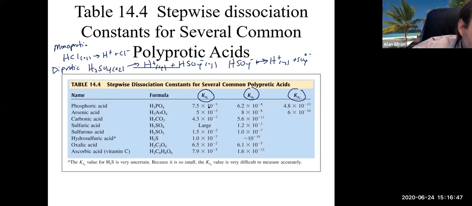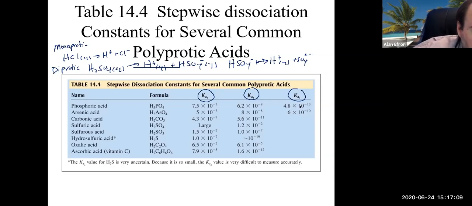For phosphoric acid, it's 10 to the minus 3 for that first H to come off, then 10 to the minus 8 for the second one. The K value gets much smaller, which means when the second H comes off, it's mainly staying together. Not a lot of it is coming off. And it gets even smaller in terms of the K value as you go to the third one.